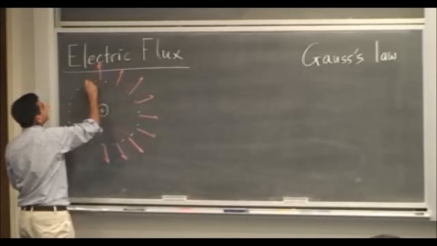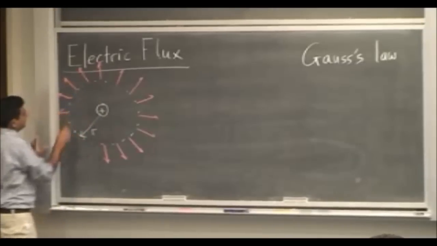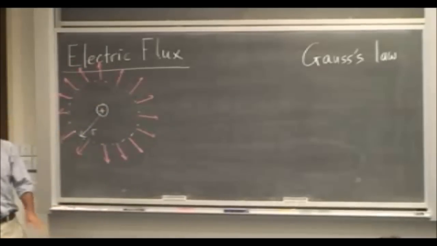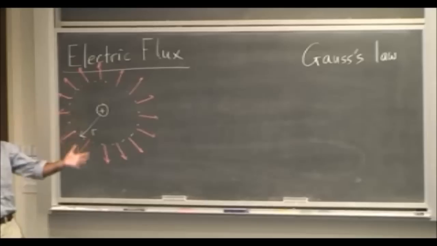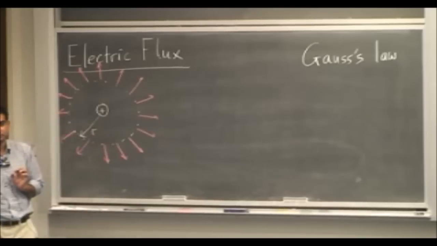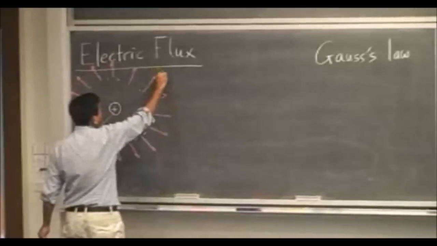All of these vectors have the same length because along this spherical shell, or this surface that is at a constant radius from the point charge, the electric field is constant. The electric field, however, would be different at some other radius.